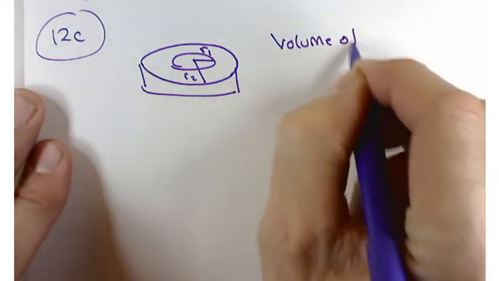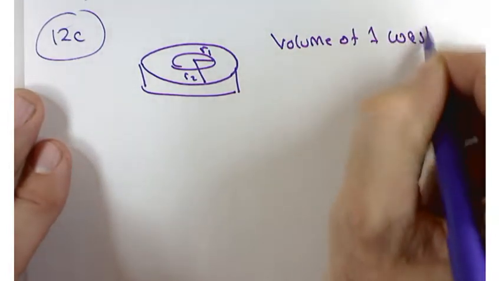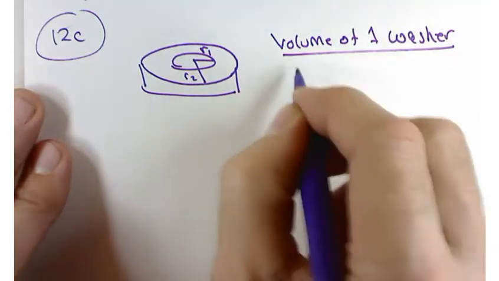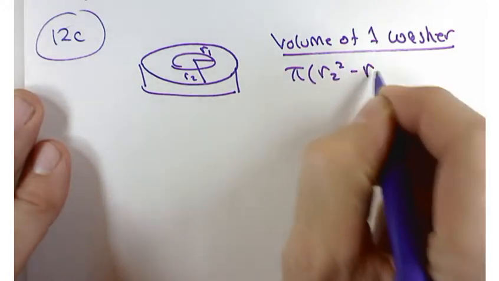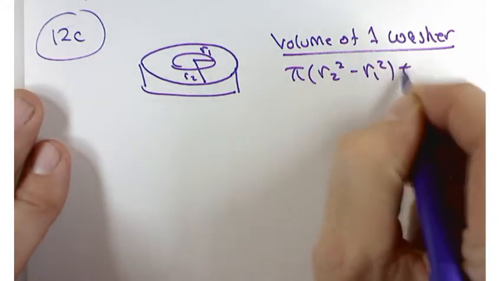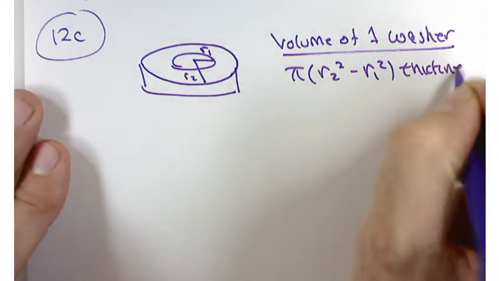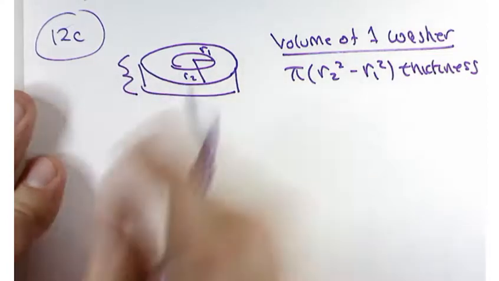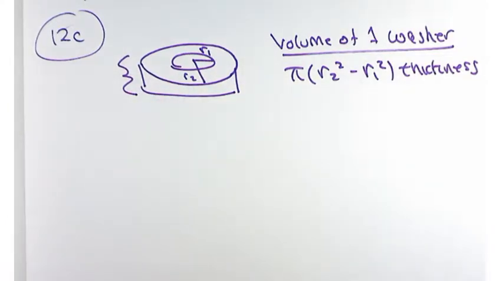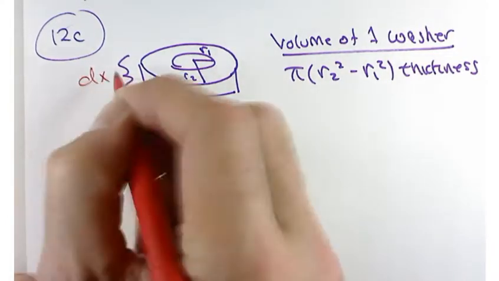Volume of one washer is going to be pi times R2 squared minus R1 squared times the thickness. What's the thickness for us in this one? Dx. Good.